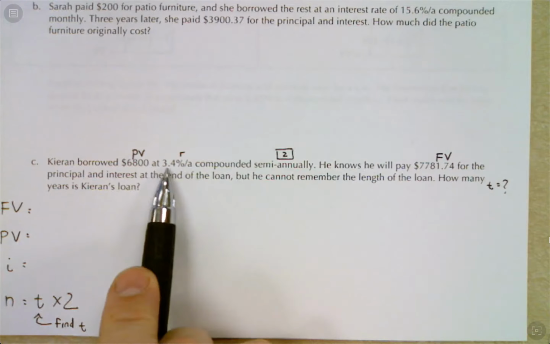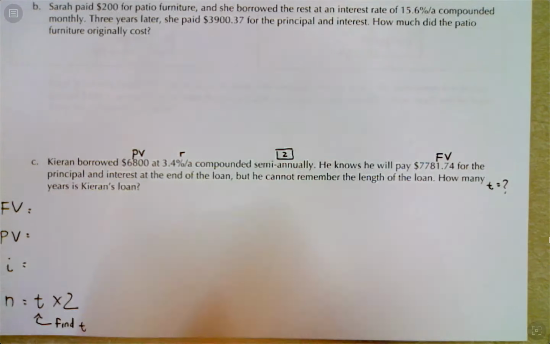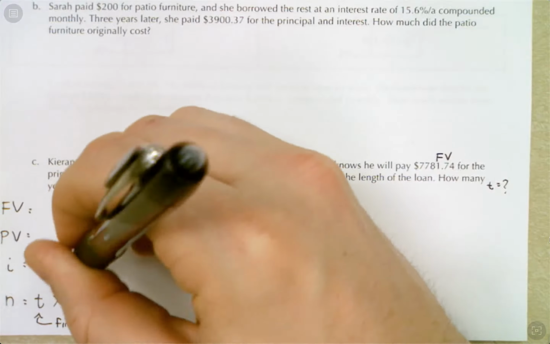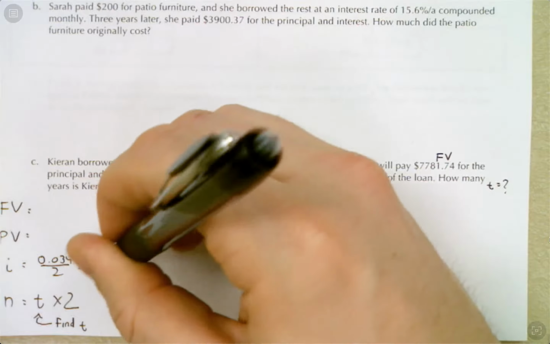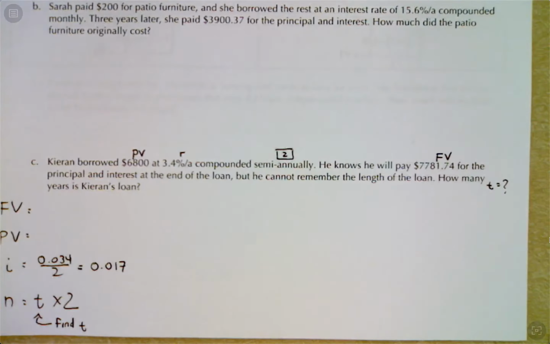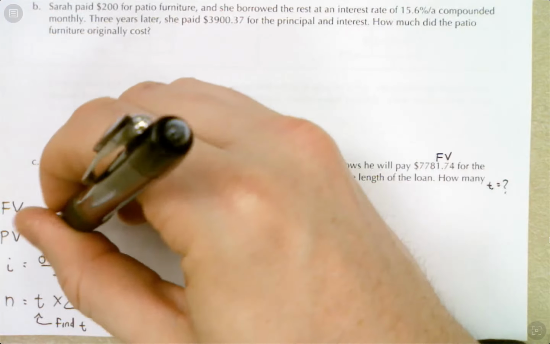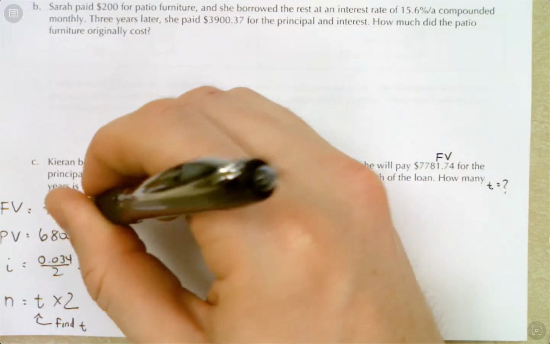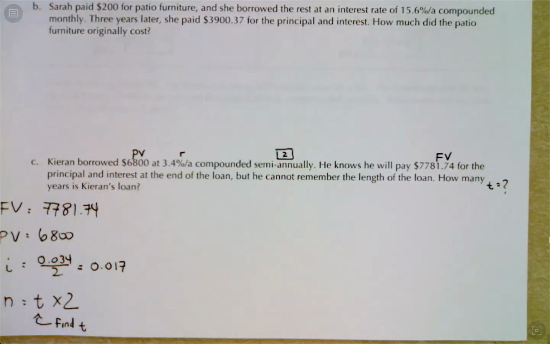I, we can figure out, because it's this decimal divided by 2. 0.034 divided by 2 is 0.017. Present value is 6,800. Future value is 7,781.74. And again, we can use either equation.